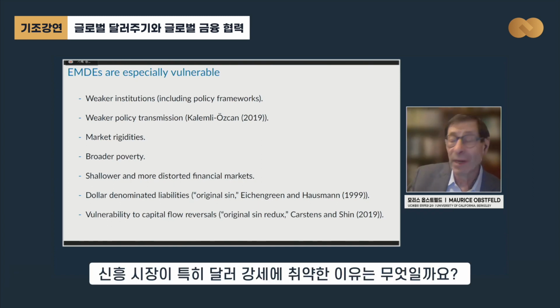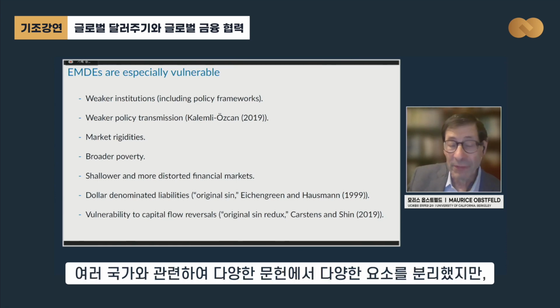Why are emerging markets particularly vulnerable to a strong dollar? Well, a number of factors have been isolated in the literature.